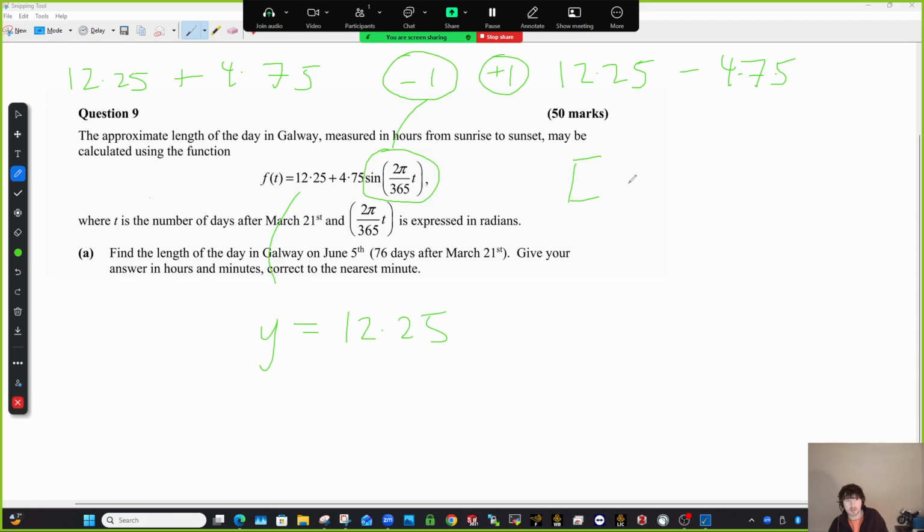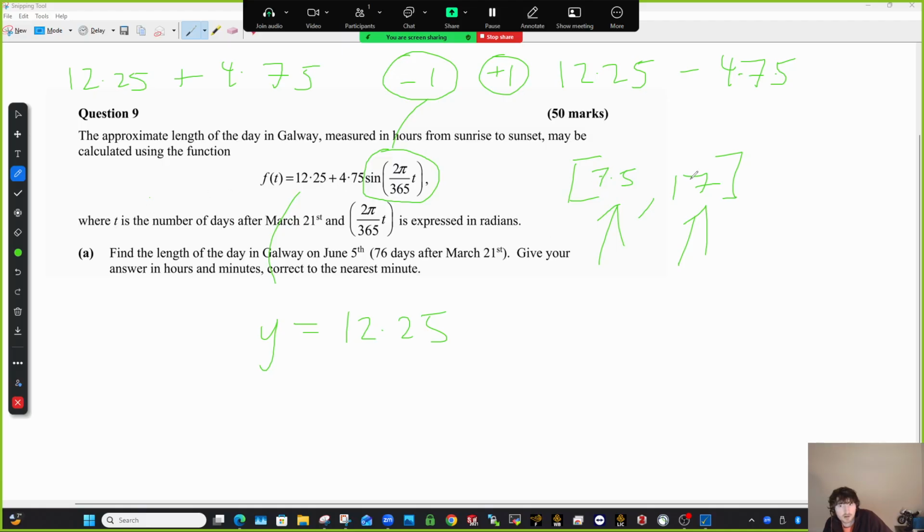Okay, so then let me type that into my calculator. 12.25 plus 4.75. So the biggest value it can have is 17 hours. And the minimum value it can have here is, these are bread and butter stuff, so it's good to go over this, 7.5. And that seems like a reasonable question. The longest day you could have has 17 hours of sunlight. And then the shortest, kind of a wintry day, might be the 7.5 hours.